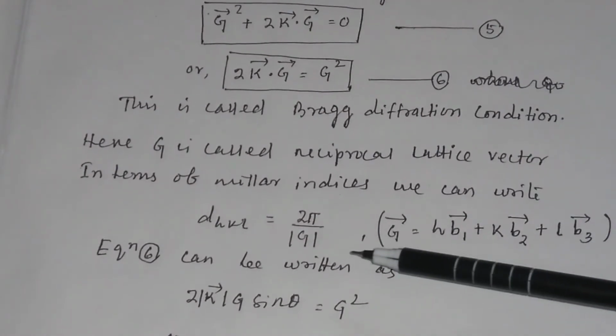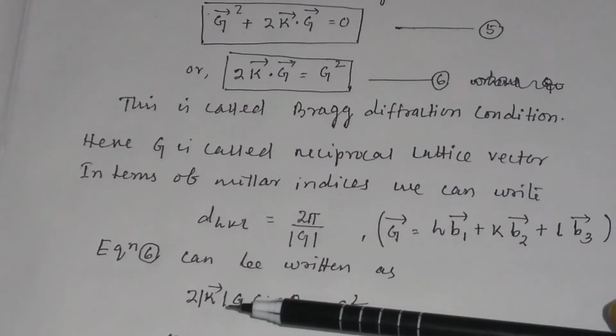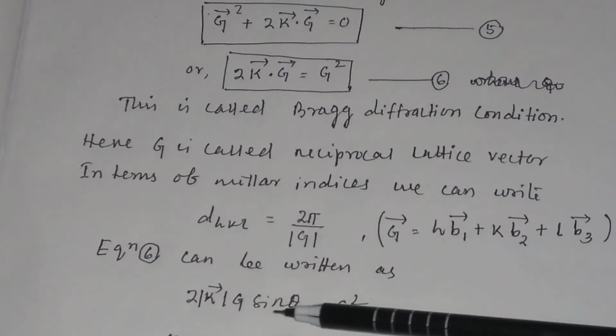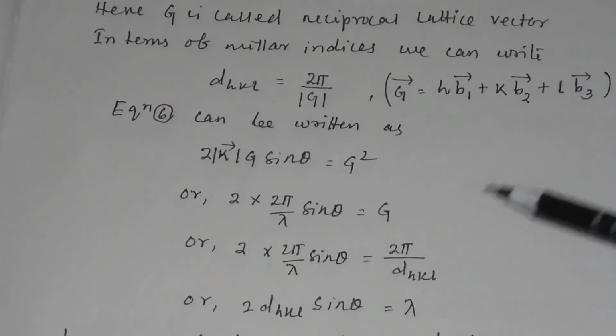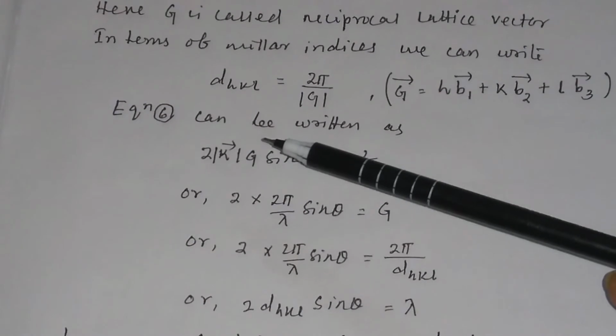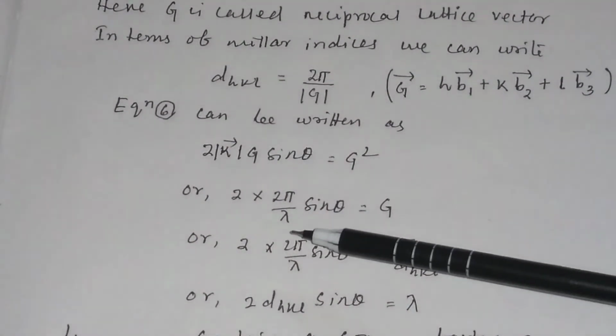So equation 6 can be written as 2 into k vector into G sin theta, that will be equal to G square. But we know that the wave vector k is equal to 2 pi by lambda.